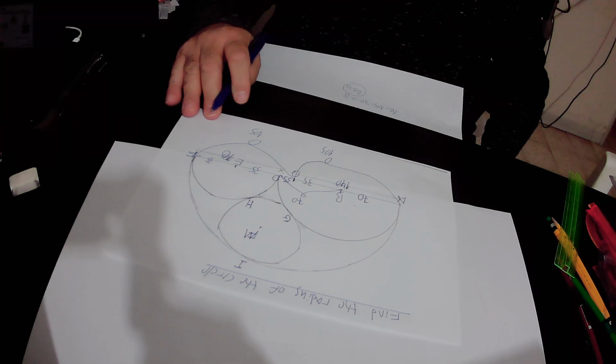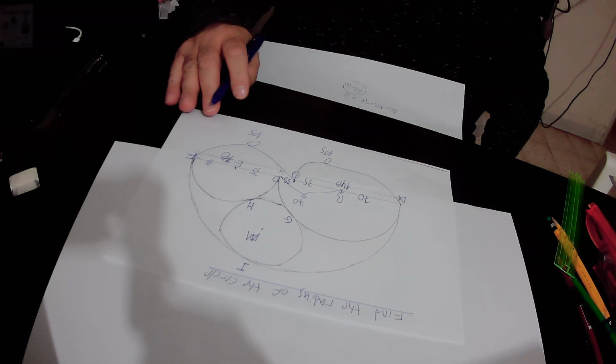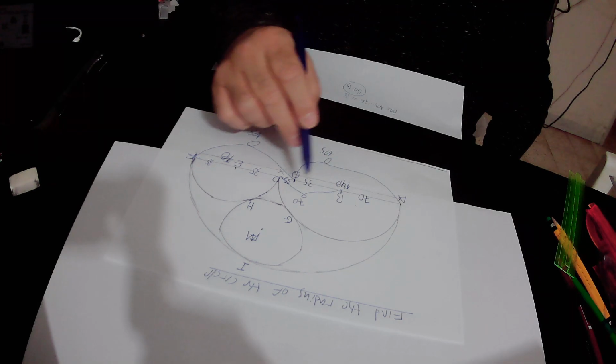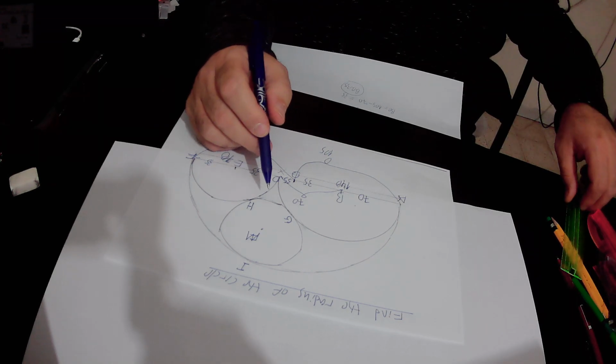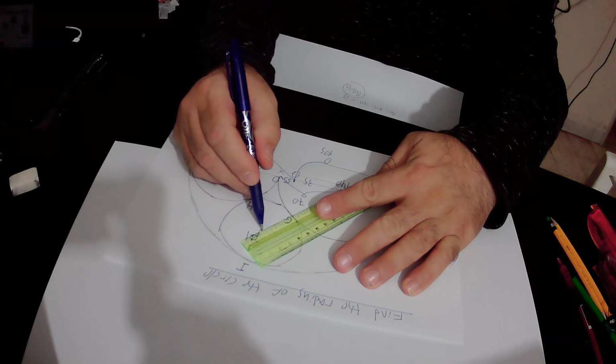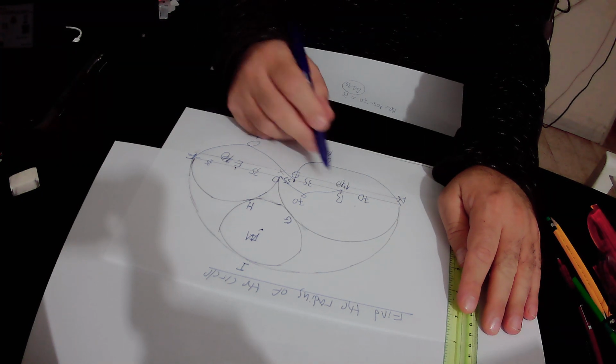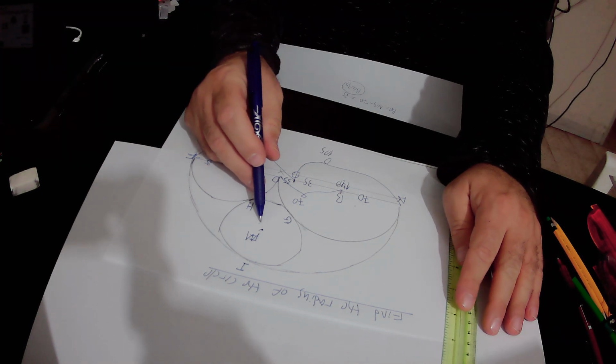In the next step, we will connect together by a straight line points B and M. Point B is the center of this semicircle, point M is the center of the circle.